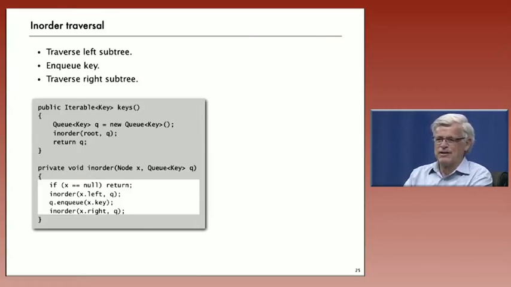First, it puts all the ones to the left on the queue. If that happens in their natural order, then the next thing that has to appear is the key at the root. And then if the ones on the right go in their natural order, then by induction, they're all in their natural order. That's a very simple implementation of an iterator for the symbol table with comparable keys.